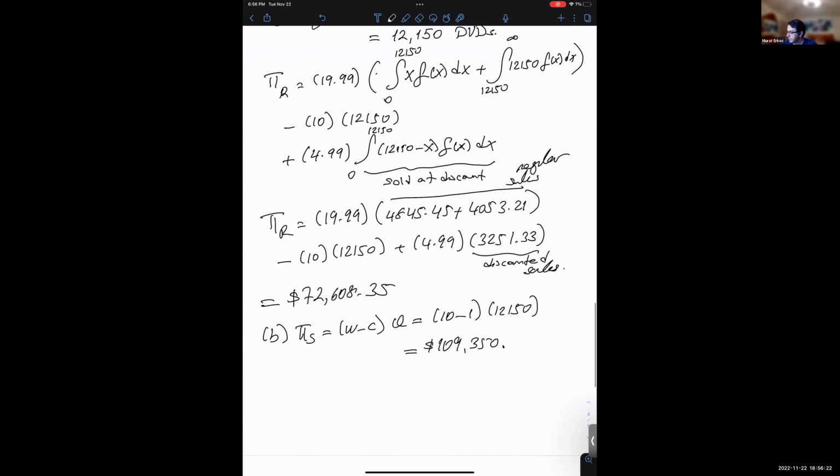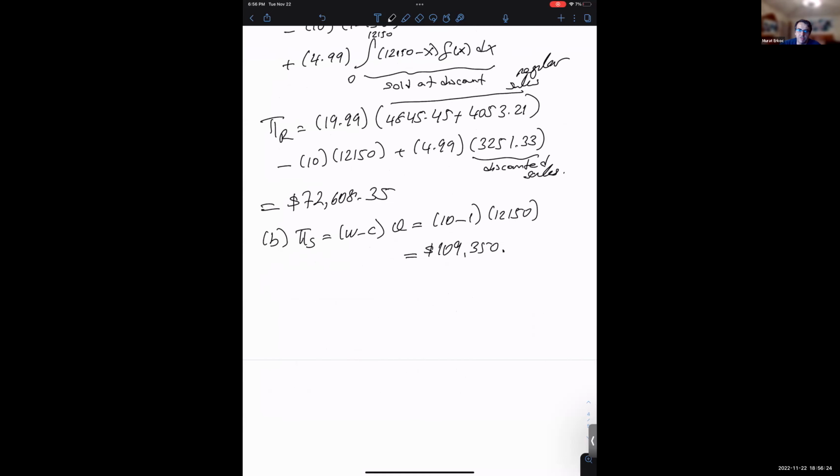So that's part B. Let's see what part C asks for. You can follow from the file yourself. You will have a copy. I just want to save time, not to switch back and forth between my laptop and iPad.